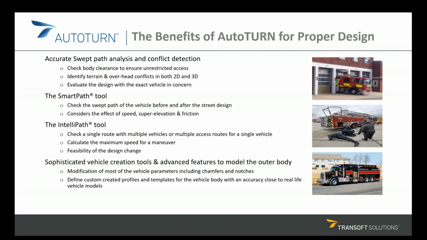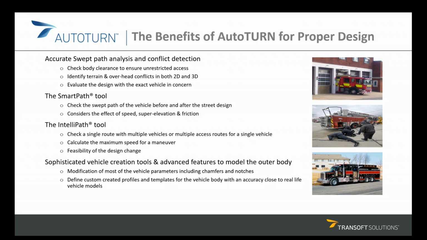It also calculates the maximum speed achievable by the vehicle for a particular maneuver, which can dictate if the design change actually resulted in lowering vehicle speeds, like in traffic calming projects, without affecting the emergency vehicle access. This also helps save time and effort.